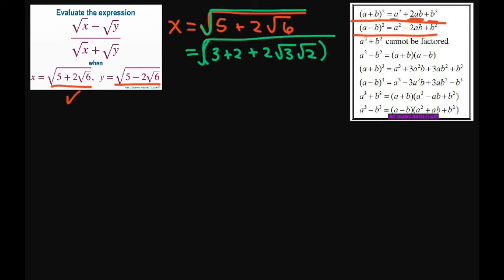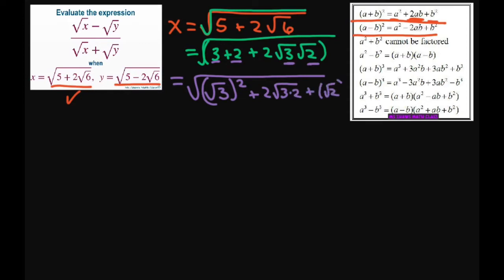Now I'm going to rearrange this and write this as the square root, because we have our 2AB. This is your A and your B. So I need to rewrite these a little bit and write this as square root of 3 squared plus 2 times square root of, we can put these inside if you want like that, and then plus square root of 2 squared. So that means I can write this as the square root of, and I'm going to write it this way.